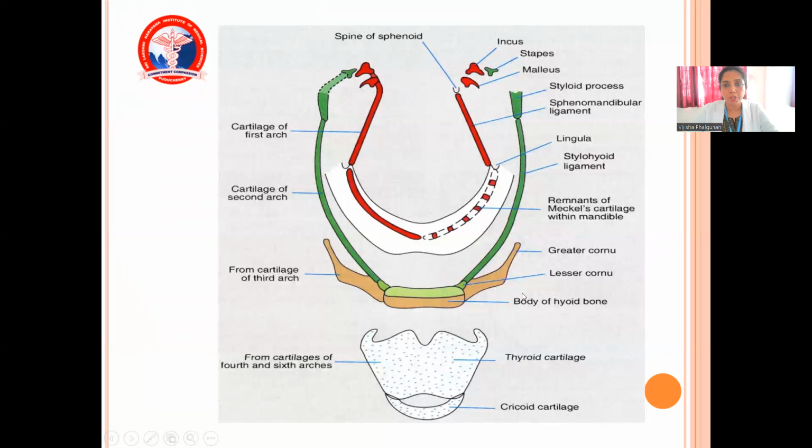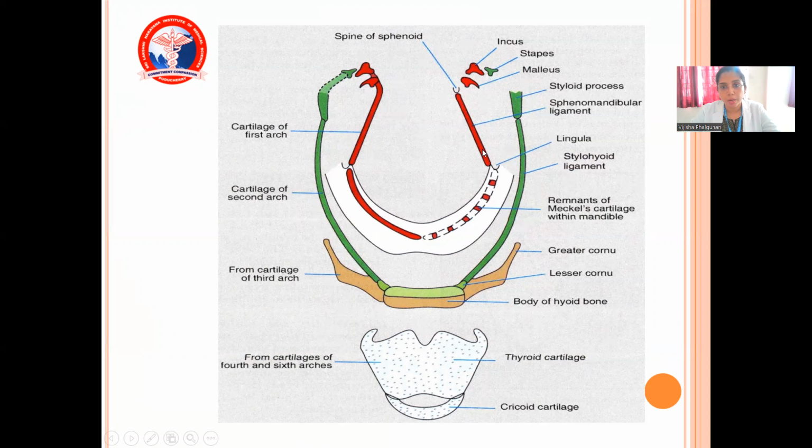So this picture will give you every information about the pharyngeal arches in a nutshell. These pictures depicted with different colors will give you the derivation of each pharyngeal arch. The structures displayed here are derived from the pharyngeal arch. You have malleus, incus, stapes.